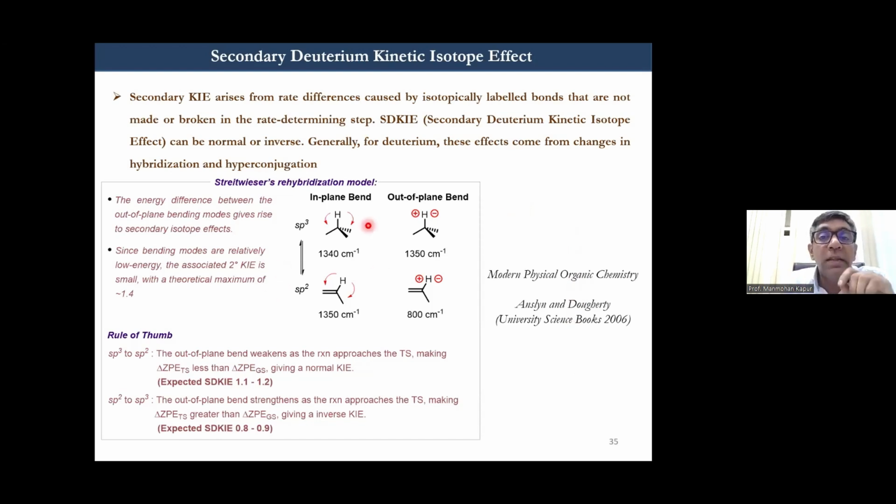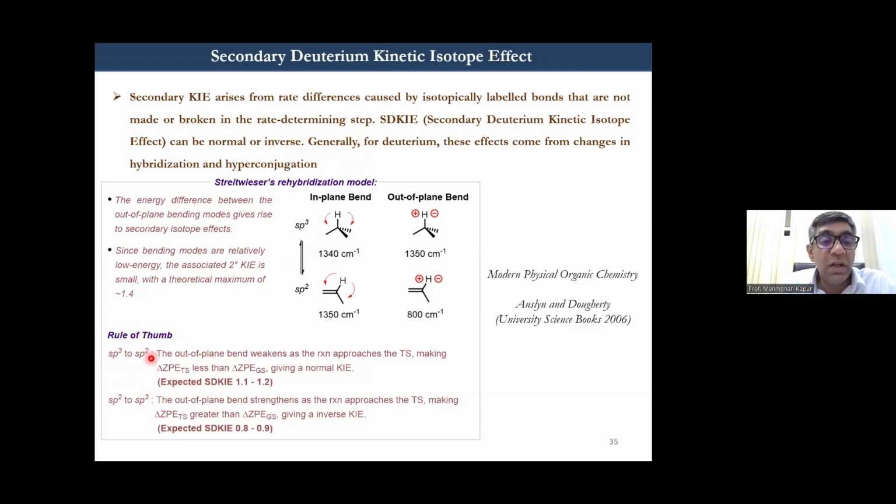So the secondary kinetic isotope effect comes from the change in hybridization, or it can come from the change in hyperconjugation. Usually, this can be either normal or inverse. Here, this arises from a bond which is not made or broken in the rate limiting step. This is very important.